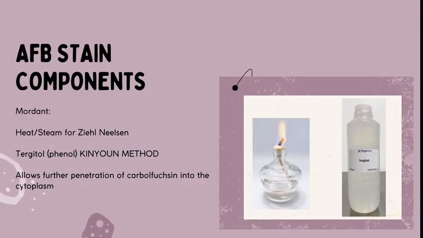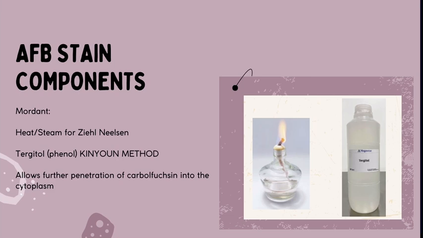The next component is the mordant. The mordant used depends on the method that is being applied in the sputum smear. There are two types of methods. The Ziehl-Neelsen method, also known as the hot method, uses heat or steam, while the Kinyoun method, also known as the cold method, uses Tergitol or phenol as the mordant.